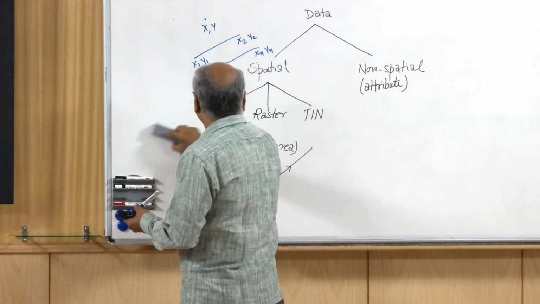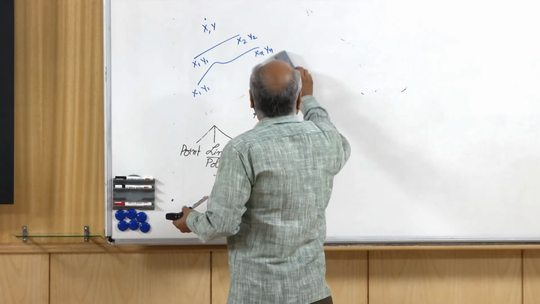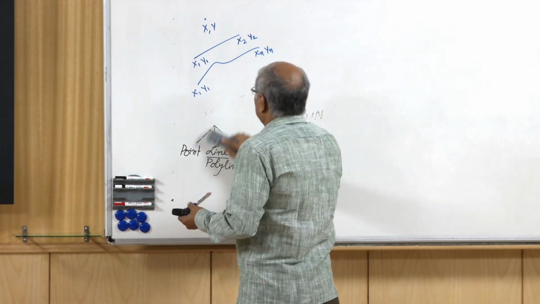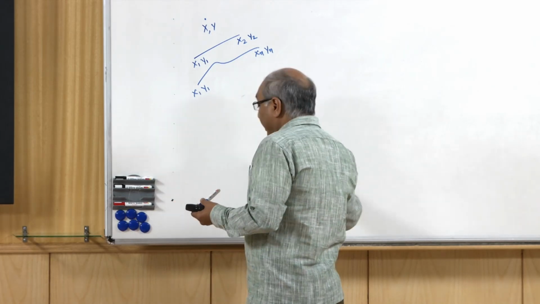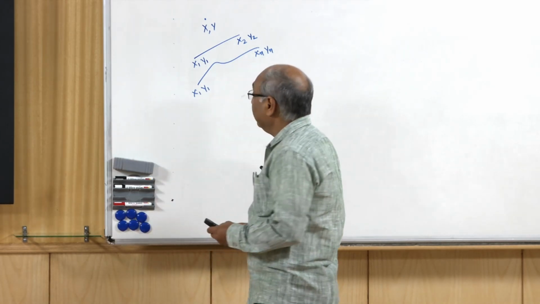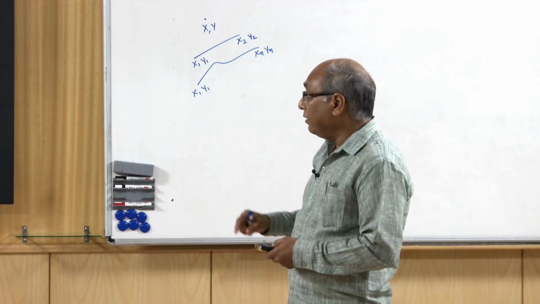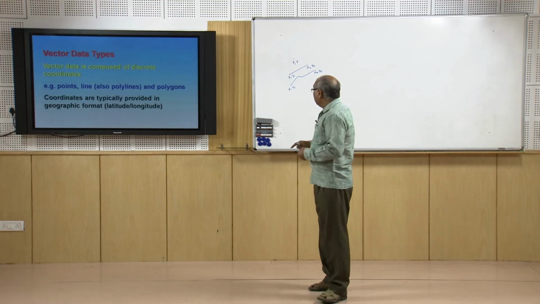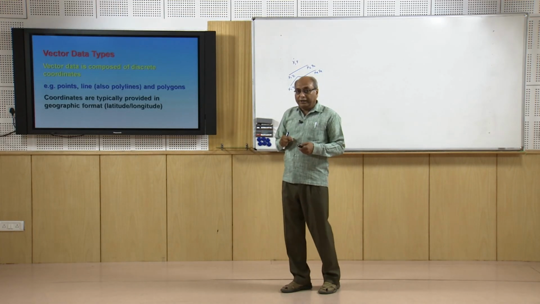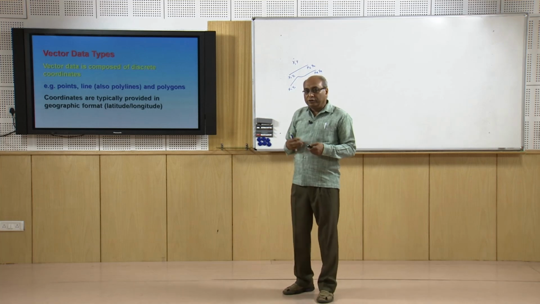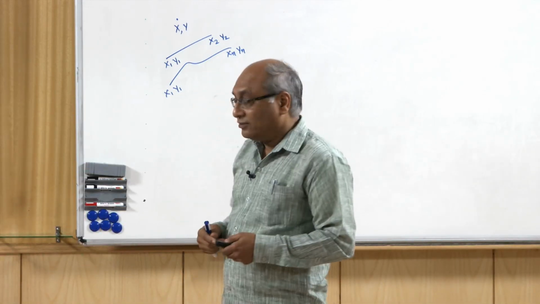This way it has a series of x and y. In the case of a straight line you will have just two pairs, the begin point and the end point, but in the case of a polyline you may have various points interconnecting it. So a point is a zero dimensional entity, and a line or polyline is a one dimensional entity.